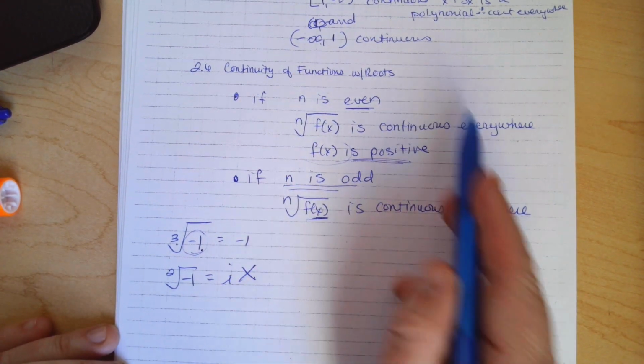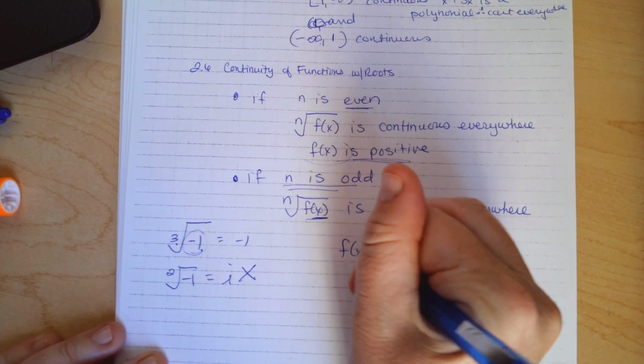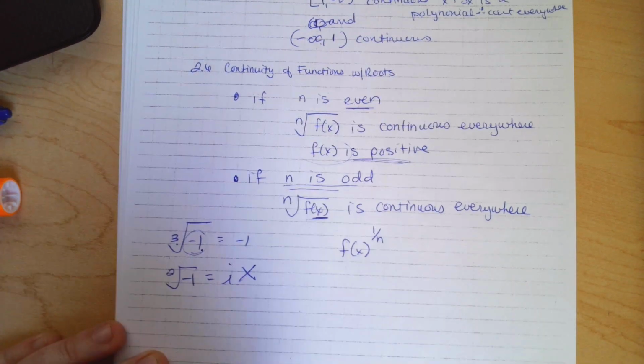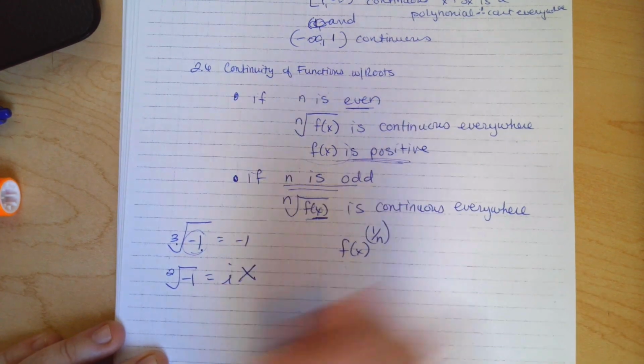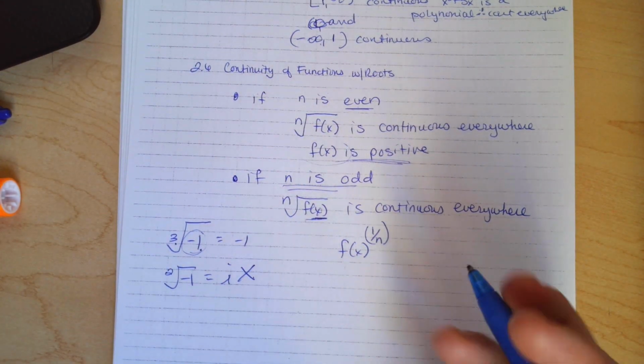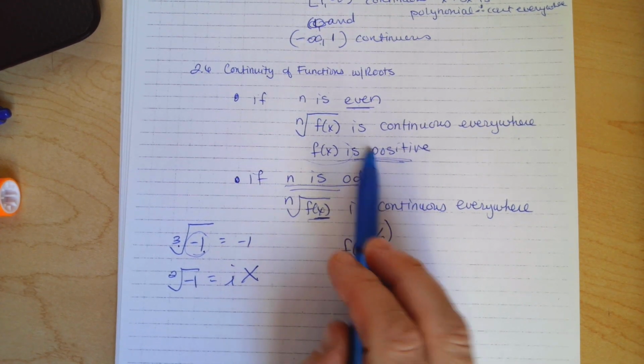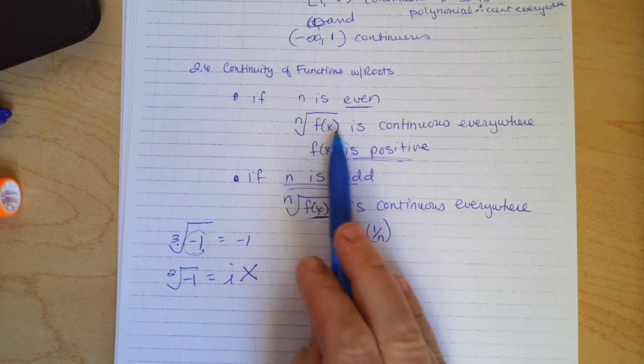So if you have something to the 1 over the nth power, it's continuous everywhere unless you have this problem where n is even and the inside is negative.